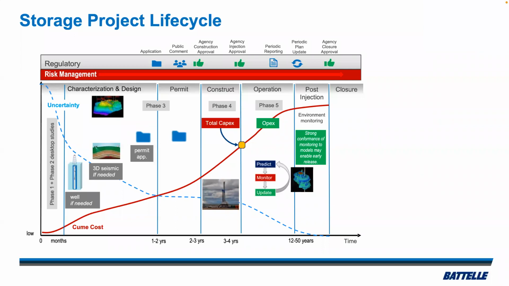For the easier, I would say low-hanging fruit, commercial projects, mineral trapping is not a significant factor in the trapping and containment of the CO2. I would say even solubility is further out in the future.